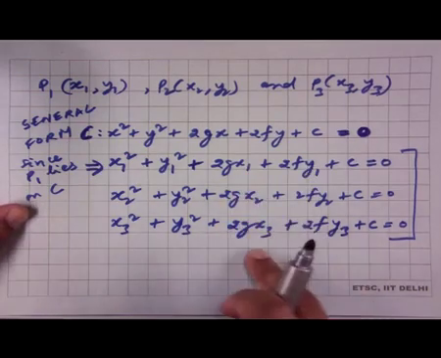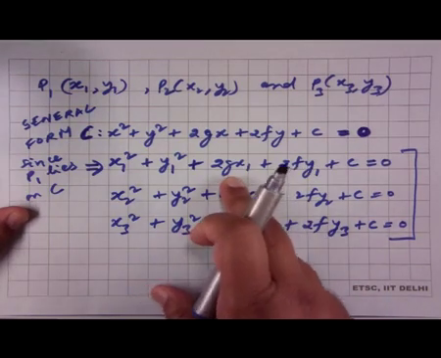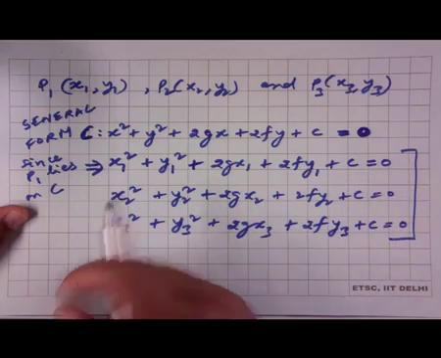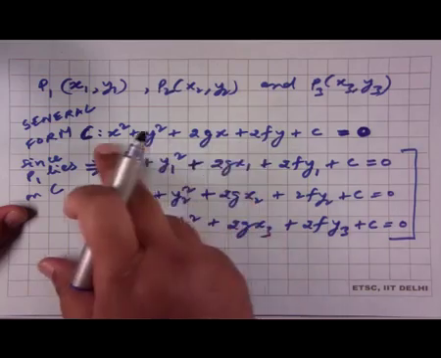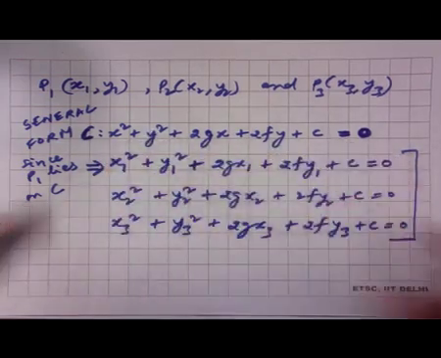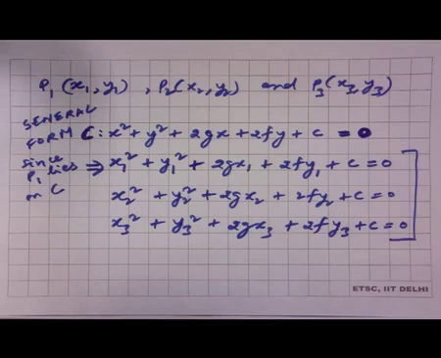On solving, we will get the values of G, F and C, and when we put these values back in this equation, we get the complete equation of the circle in the general form.